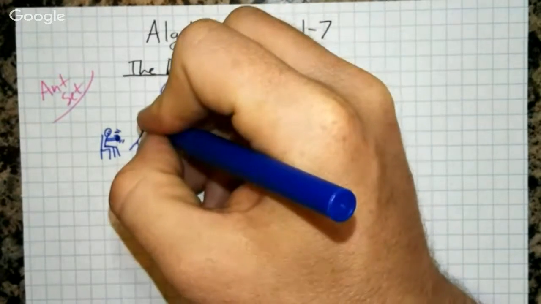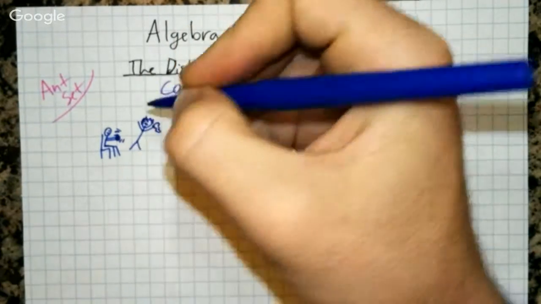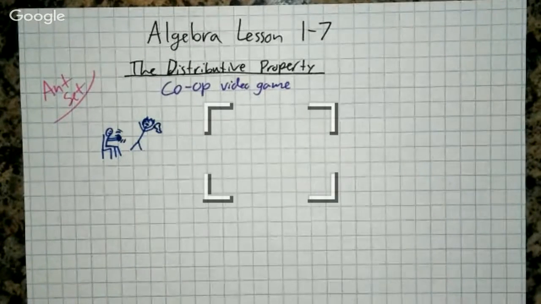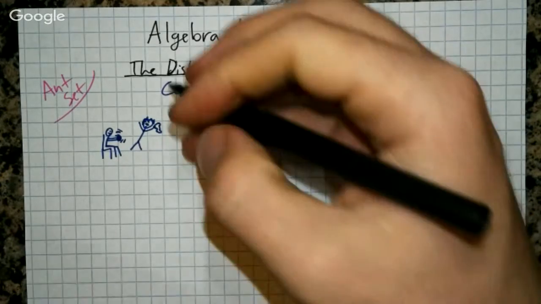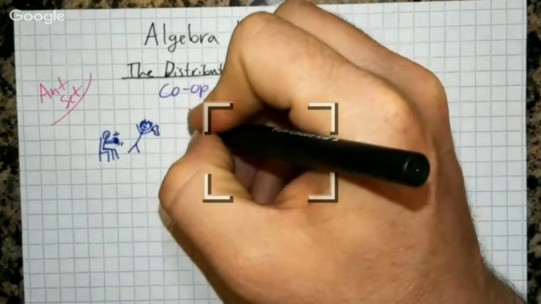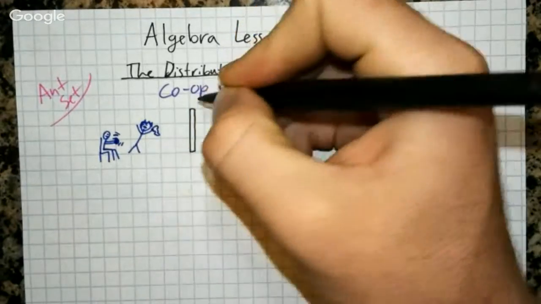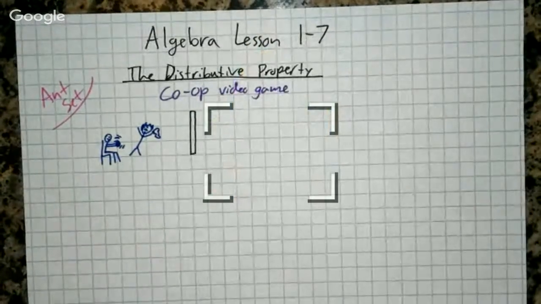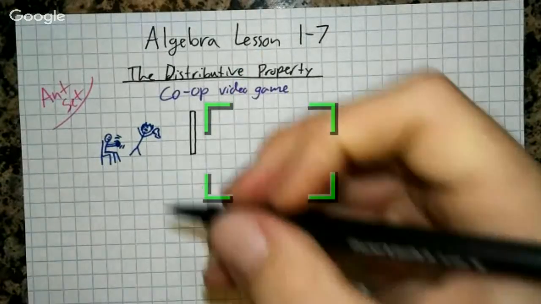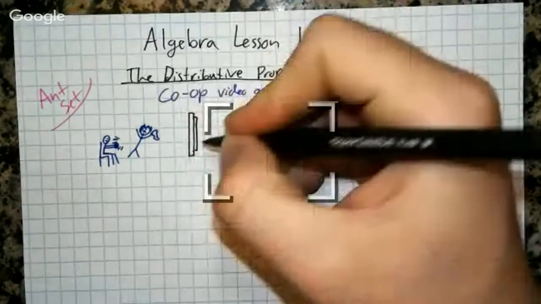But anyway, there's my hair, and I was very excited. So both of us are playing this video game, and I remember it well. The video game we were playing was based on The Lord of the Rings. So we'll pretend my TV was that. It's big enough like that. So we're playing video games, and this is the TV right here.